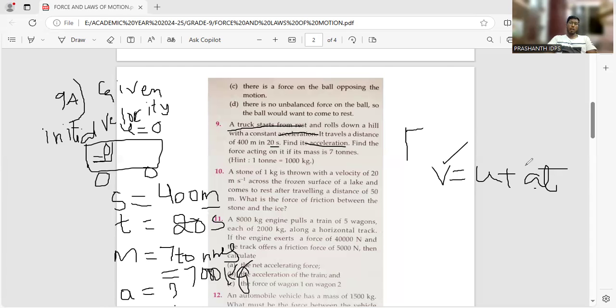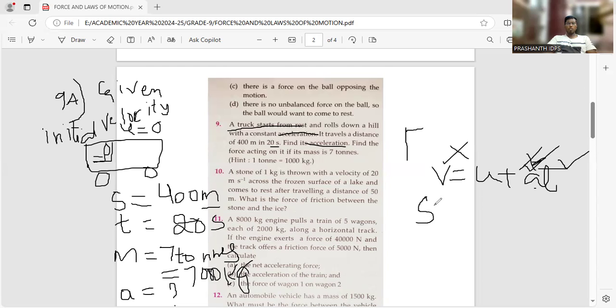We know only u, and we don't know a. Without knowing two values, we cannot find it. We know t, but we do not know v, and we do not know a. We have to find a. We know u will become 0. So without knowing the v value, we can't take this formula because it is difficult.